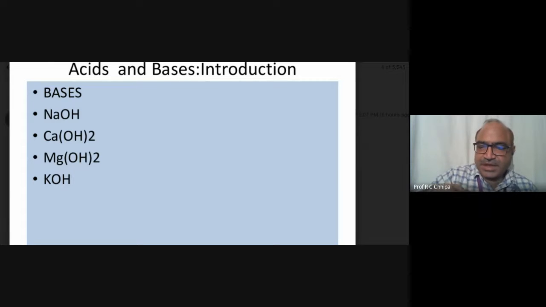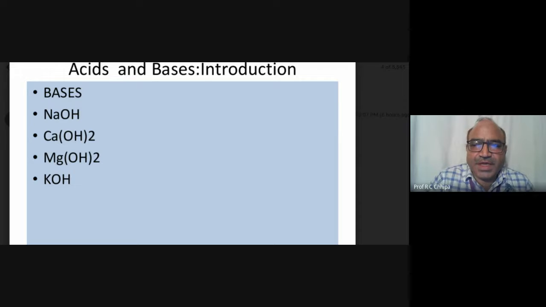All these are alkaline in nature, and by the concept we have given, the hydrogen cation is given by acids and hydroxyl anions are given by these compounds, so such compounds are known as bases. Among the p block elements there is aluminium, and aluminium hydroxide.